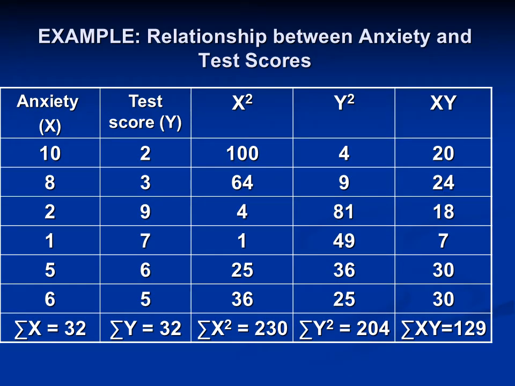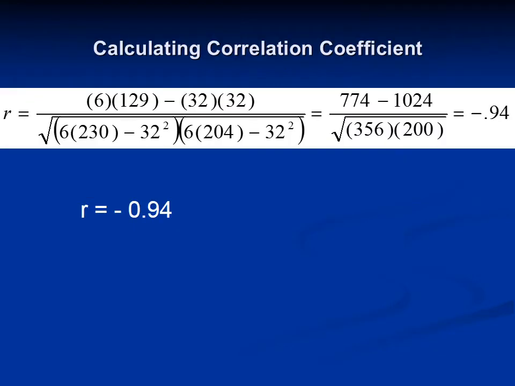So the relationship between anxiety and test scores is also another example that was given. When they computed the correlation coefficient, R was given as negative 0.94, which can be interpreted as a strong negative correlation between those two variables in question.